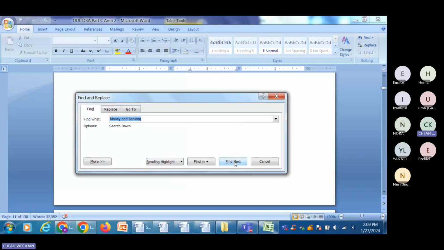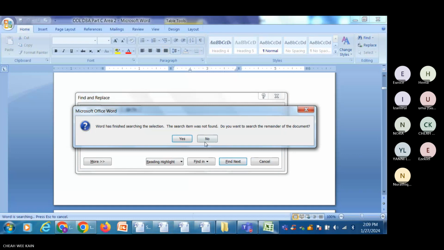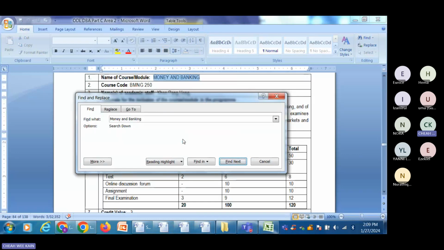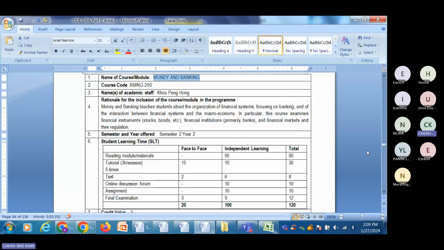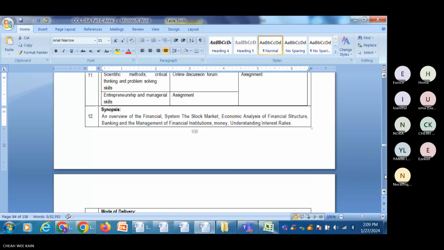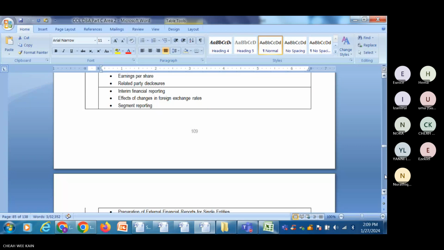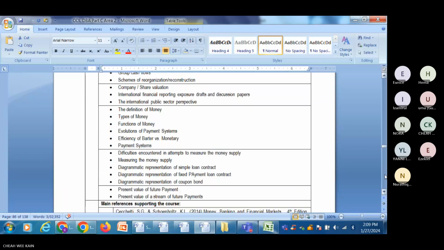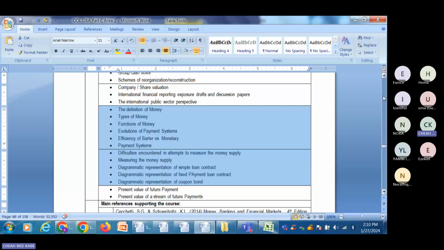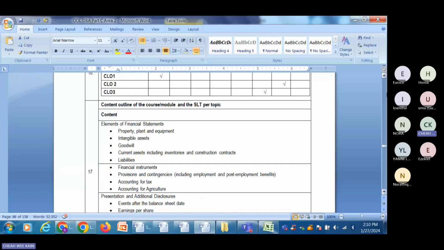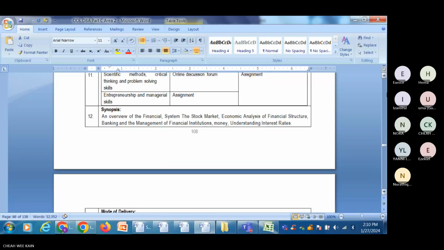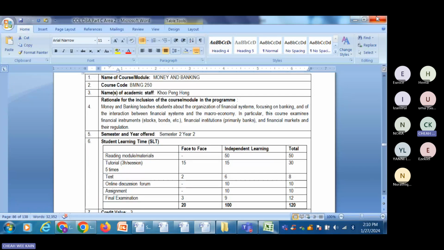Under money and banking: types of money, definition, money functions, measuring money supply. All of these are exactly what's in the syllabus, so you don't have to worry about that.